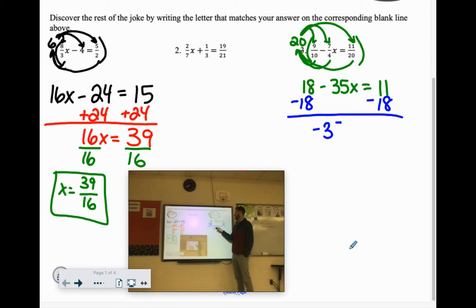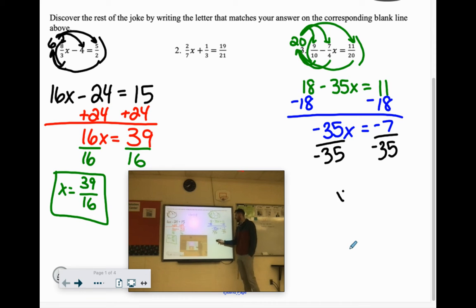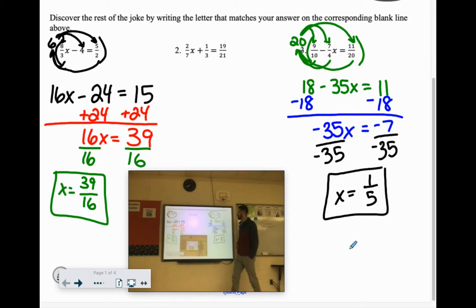Negative 35x equals 11 minus 18, which is negative 7. And then we just have to divide by negative 35 on both sides. Negative divided by negative is positive, and 7/35 could reduce to 1/5, because 7 goes into 7 one time, 7 goes into 35 5 times.